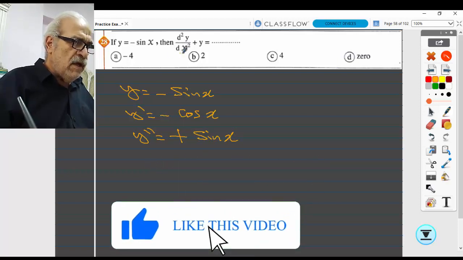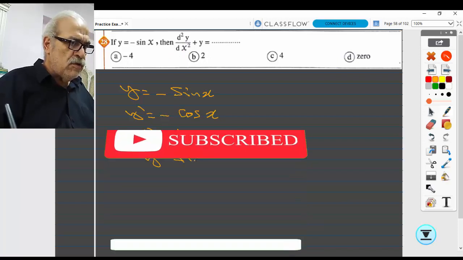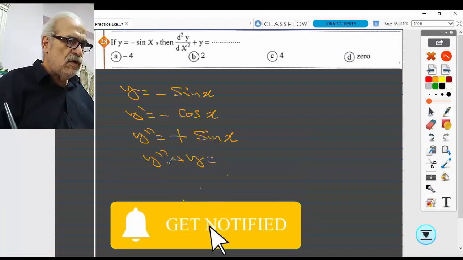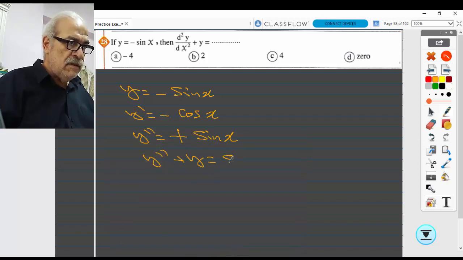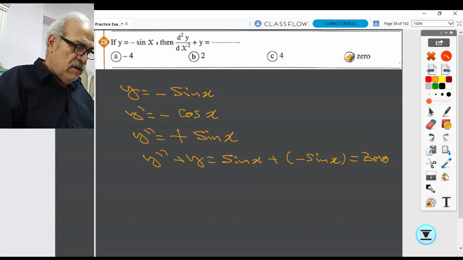So we have y double dash plus y equals sine x plus negative sine x, and the result equals 0. And here is the solution at letter D.